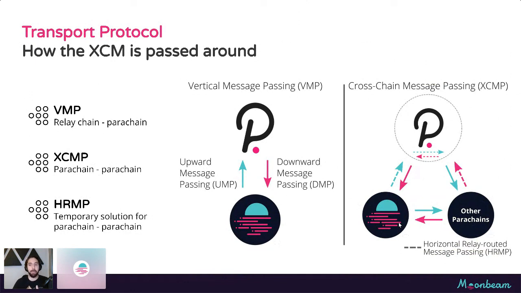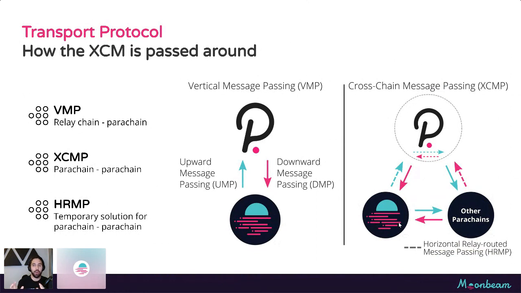So let's say I'm a collator in Moonbeam, and I raise my hand saying, hey, I have an XCM message for parachain 1000. The other collators will scan around, and when collators from parachain 1000 see that I'm holding up my hand with my message, they will say, okay, this is for me. They will grab it, take it to their parachain, and execute it there.